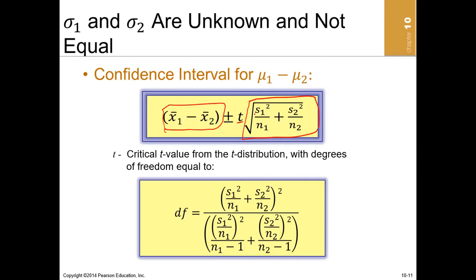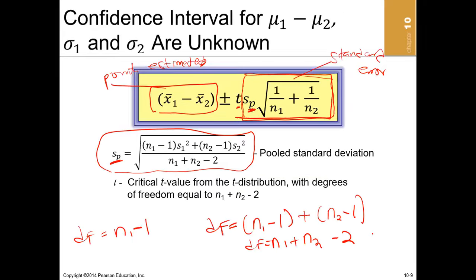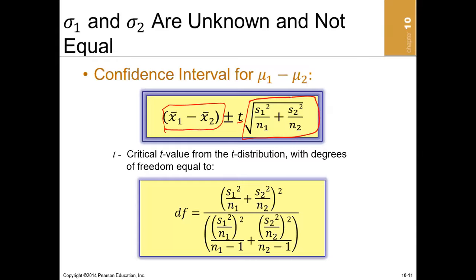It will not be as complex as when they are unknown but equal, the one circled here. When the population standard deviations are unknown and not equal, the standard error becomes the sample standard deviation of the first group squared over n1, plus the sample standard deviation of the second group squared over n2.